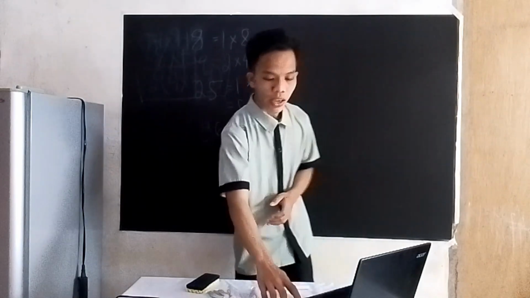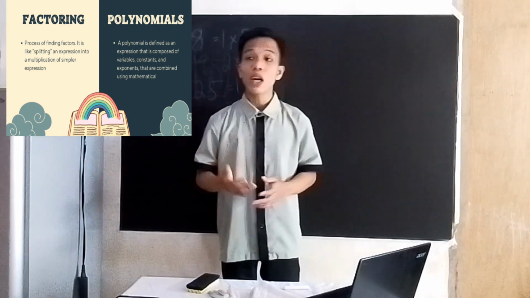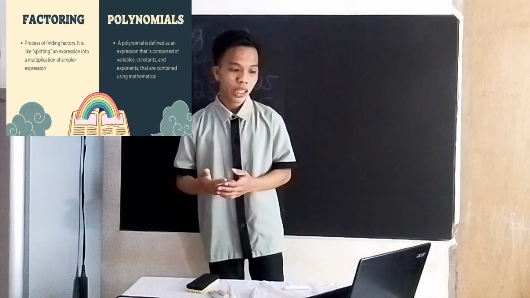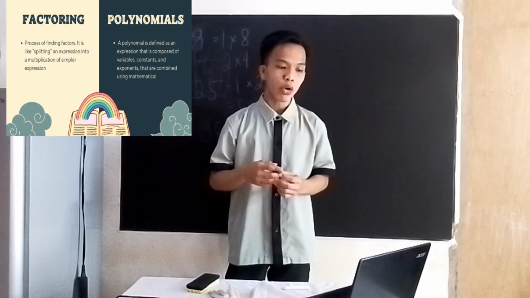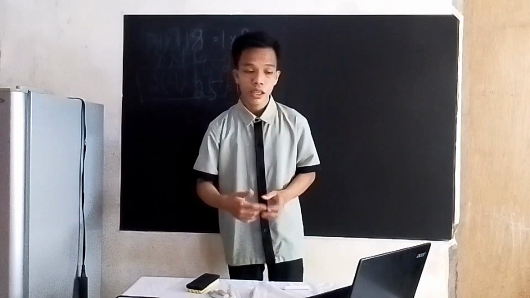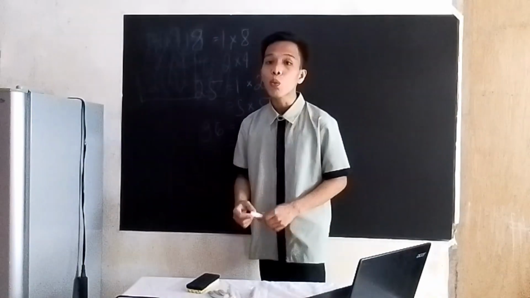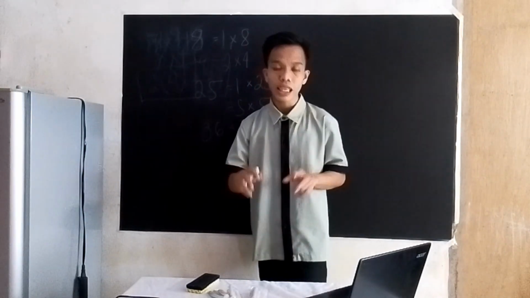When we say factoring, it is the process of finding factors. It is like splitting an expression into a multiplication of simpler expressions. From the word itself, factoring is splitting.